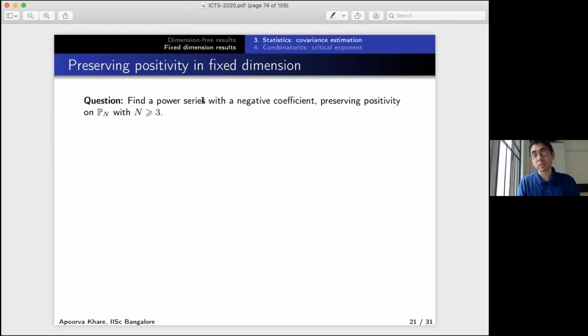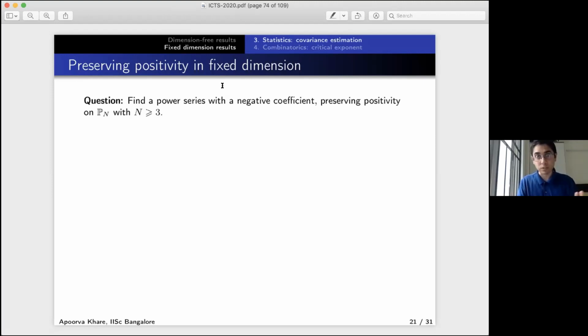So remember, Schoenberg's theorem said that the only functions that work in all dimensions are power series with positive coefficients. So clearly, if you ask to preserve positivity only in dimension 3, in a fixed dimension, then you are asking for far fewer constraints, requirements. So you should expect far many more functions to work, a larger class of answers since you have fewer constraints.